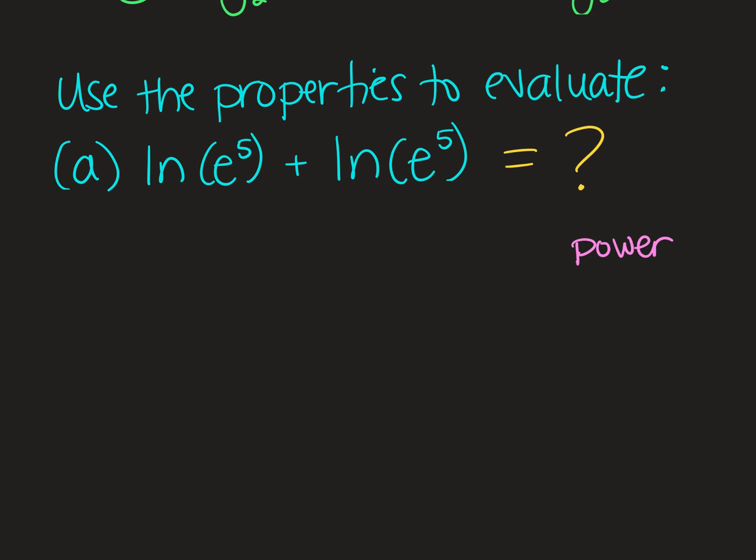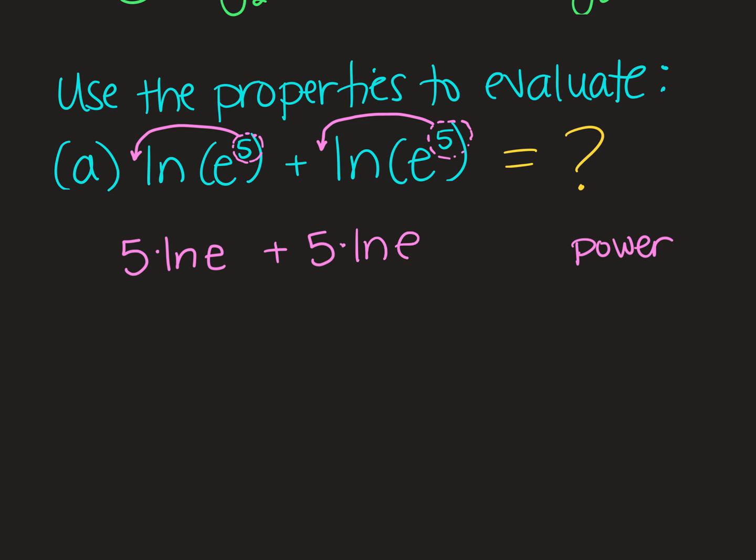To do that, I'm going to take each of these powers that I see here and use them as a multiplier in front of that logarithm. So I'm going to rewrite this as 5 times the natural log of e plus 5 times the natural log of e. Again, my ultimate goal is to figure out what this is equal to. I used the power property, so I took it from a power to a multiplier.